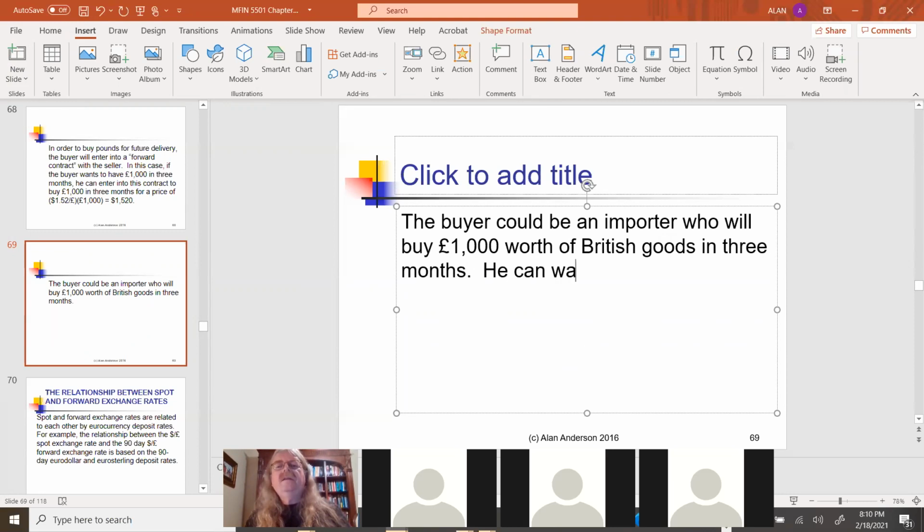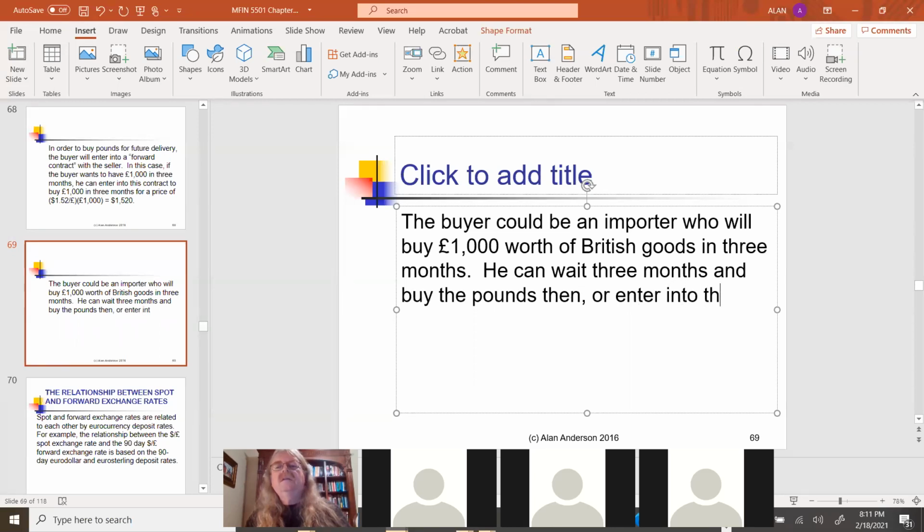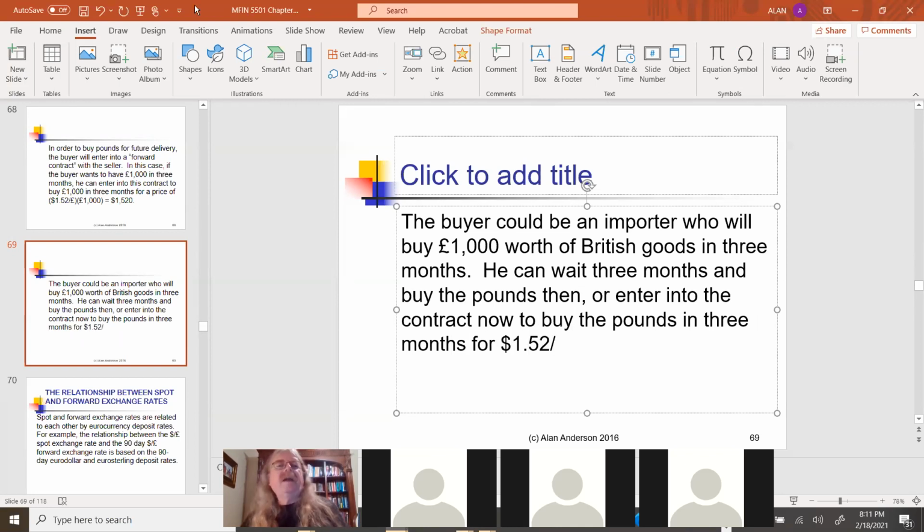He can wait 3 months and buy the pounds then, or enter into the contract now to buy the pounds in 3 months for $1.52 per pound.